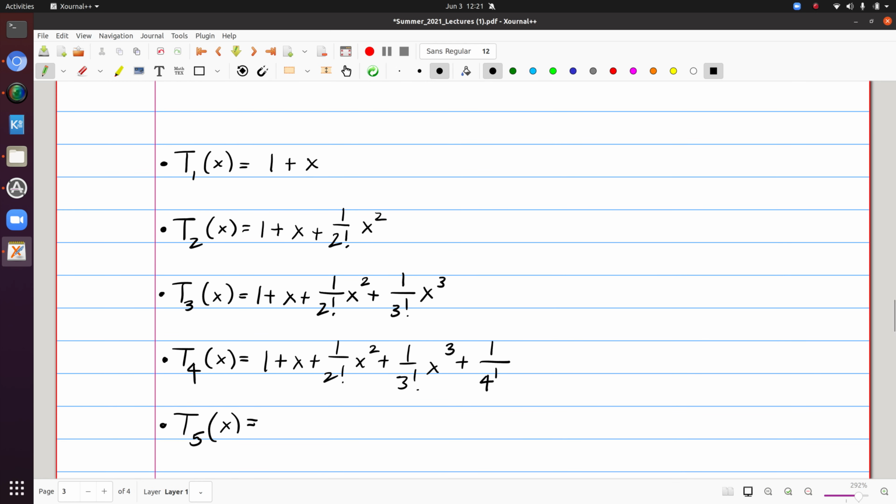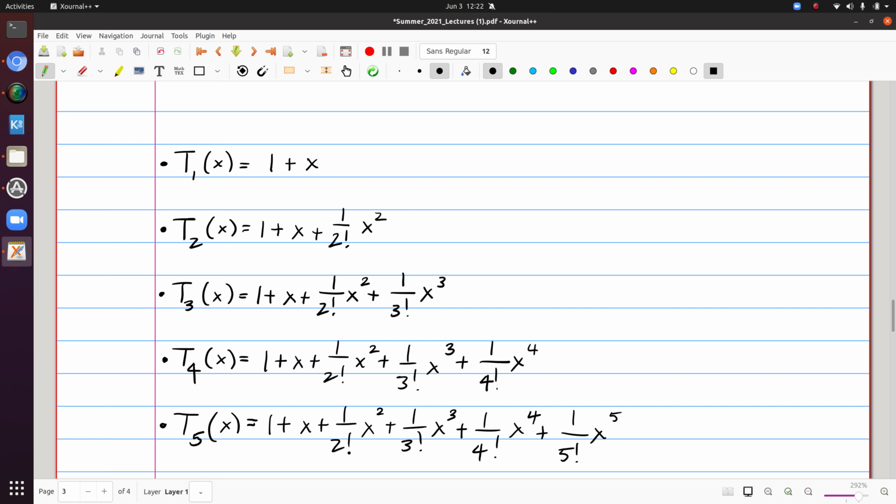So writing that, that's what we get. And then finally, for the fifth, again, I take my fourth degree Taylor polynomial and I tack onto that the fifth derivative at 0, which is 1, divided by 5 factorial times x to the fifth.